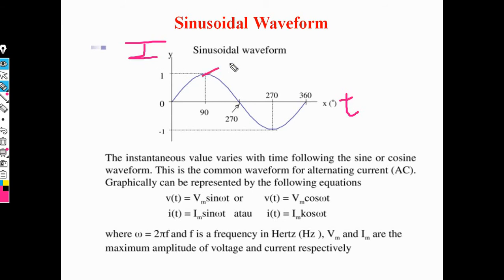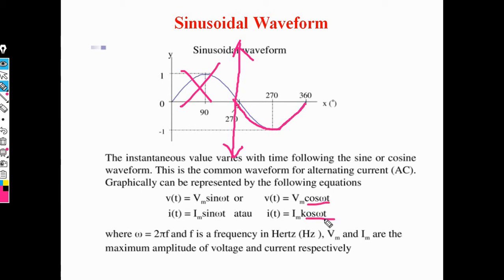This is the maximum current, Im, positive Im and negative Im. Then i of t is equal to Im sin omega t, where the waveform starts from this point. This is the cosine waveform, which is not considered here. Since the waveform starts from this point, we have taken the cos.